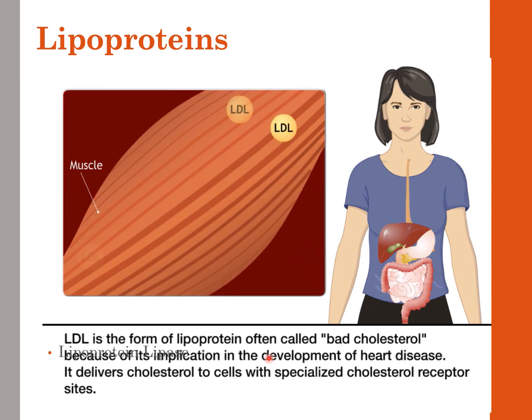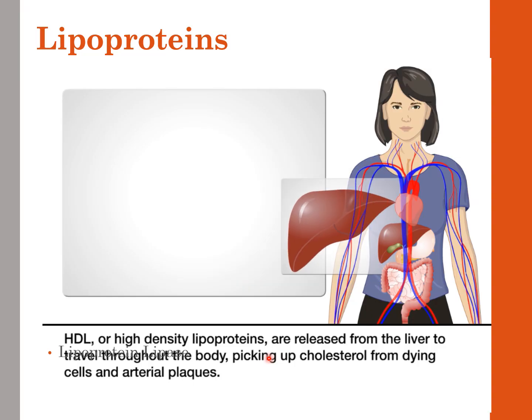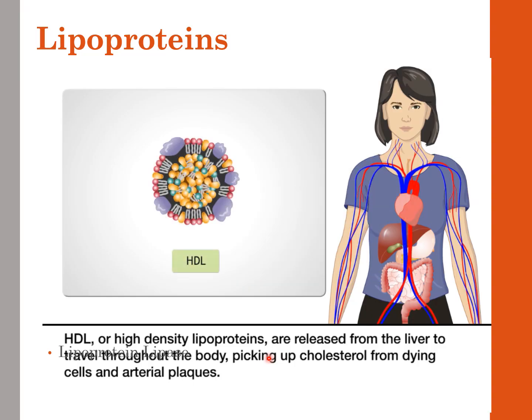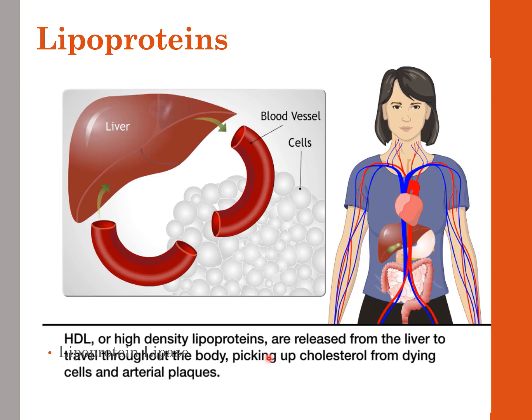LDL is the form of lipoprotein often called bad cholesterol because of its implication in the development of heart disease. It delivers cholesterol to cells with specialized cholesterol receptor sites. HDL, or high-density lipoproteins, are released from the liver to travel throughout the body, picking up cholesterol from dying cells and arterial plaques.